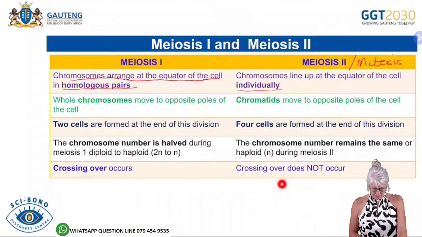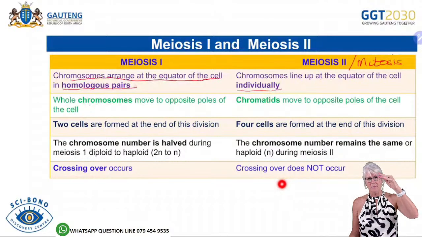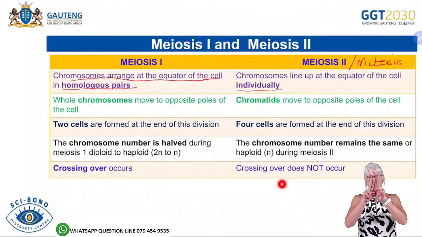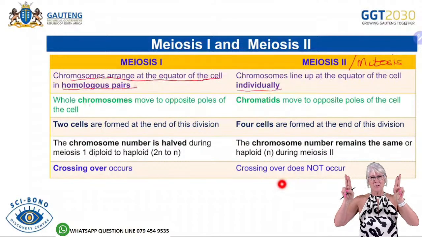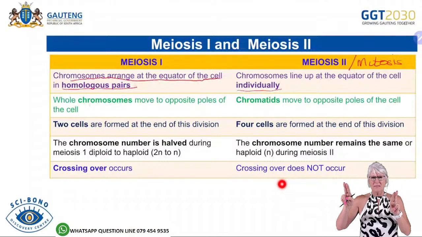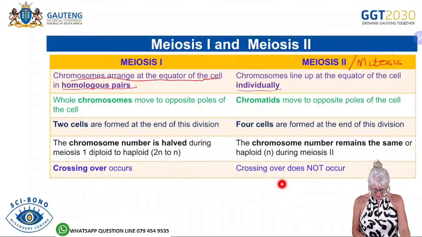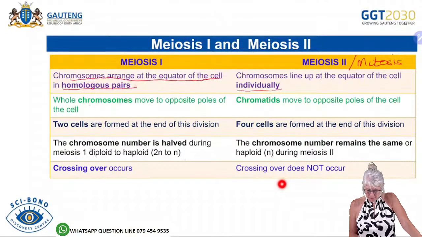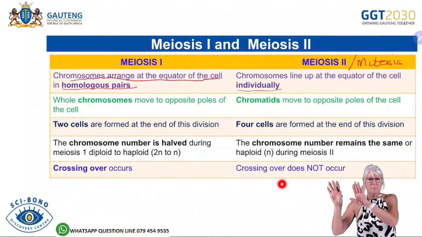In meiosis 1 the chromosome number is halved. As soon as we separate those homologous chromosomes and they go to separate cells, I no longer have pairs of chromosomes. So I've already reduced it from diploid to haploid. Whereas in meiosis 2, the chromosomes are already haploid.